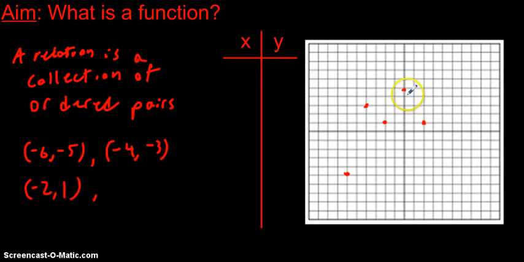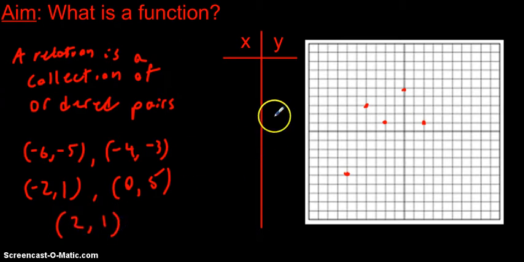There's also 0, 5. And we have one more here. That would be 2, 1. Alright, so this is a relation between two things, x and y. Just any collection of ordered pairs.